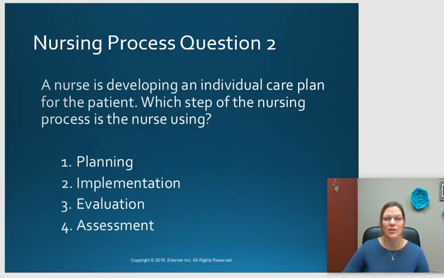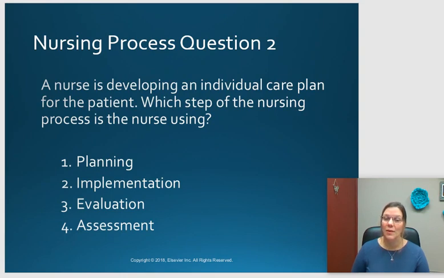So let's look at a quick question. These questions are basic and simple, but it does get our brains thinking a little bit. So it says a nurse is developing an individual care plan for the patient. Which step of the nursing process is the nurse using?